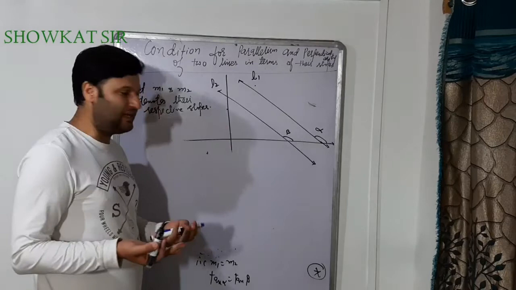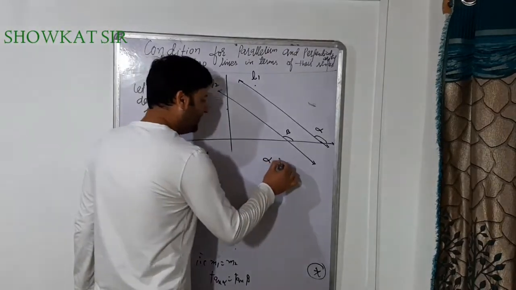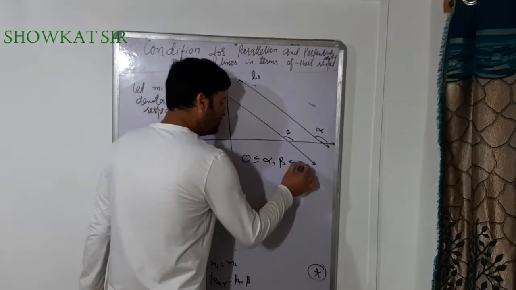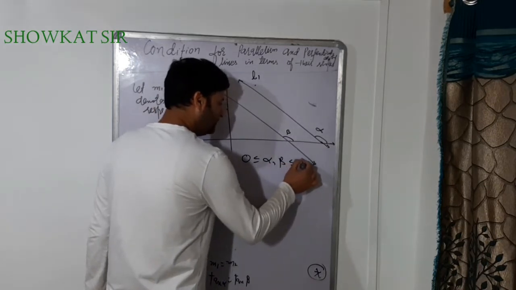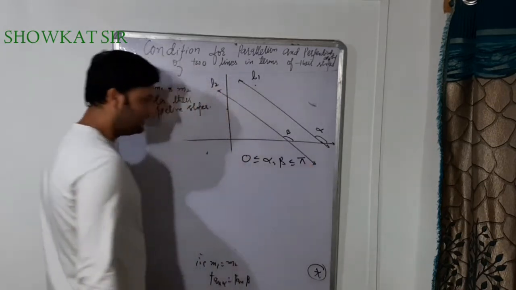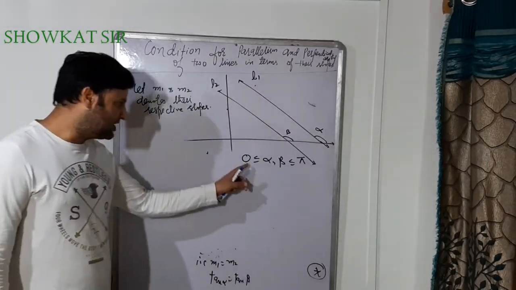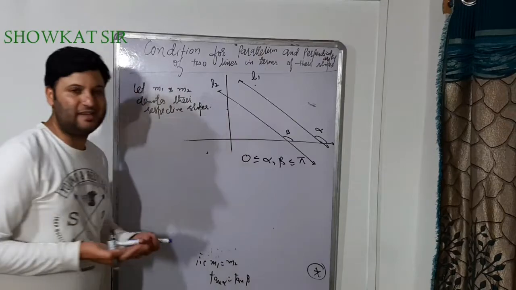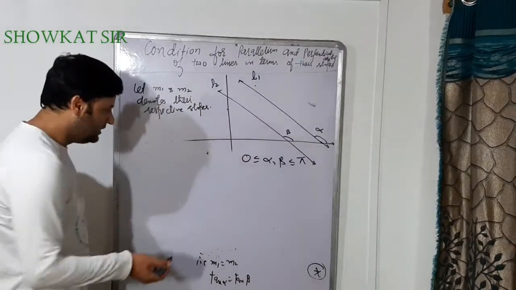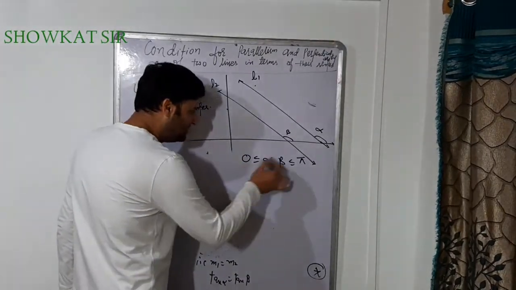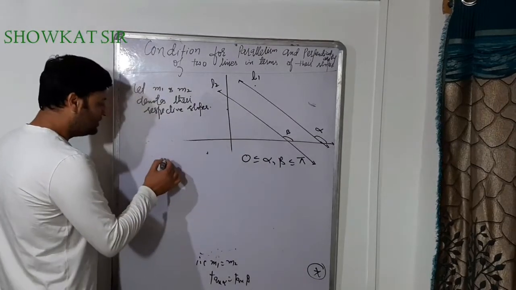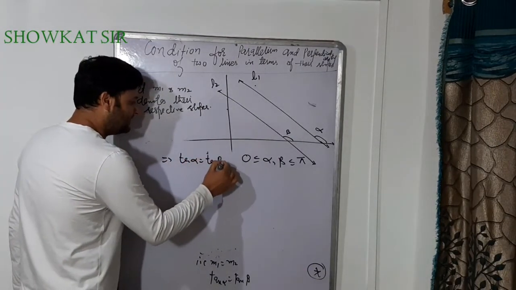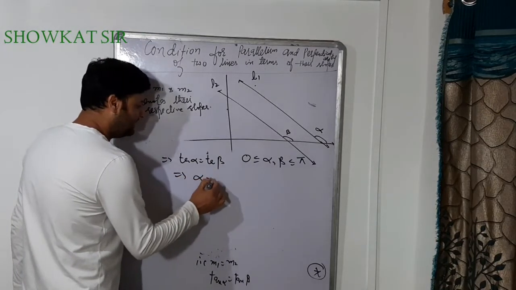Now since we know that alpha, beta lie between 0 and pi, 0 and 180 degree. And in this interval, we know that tan A equal to tan B always implies A is equal to B. So since alpha, beta lie between 0 and pi, this implies tan alpha equal to tan beta implies alpha is equal to beta.